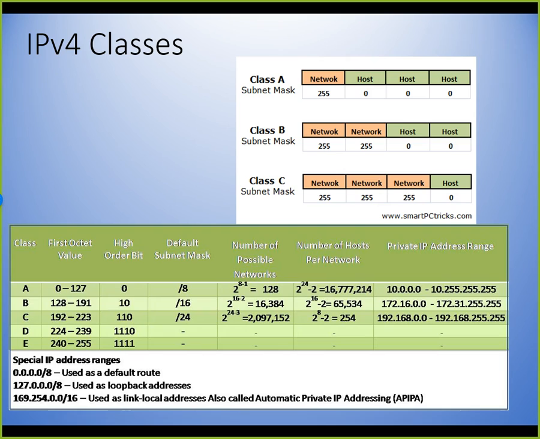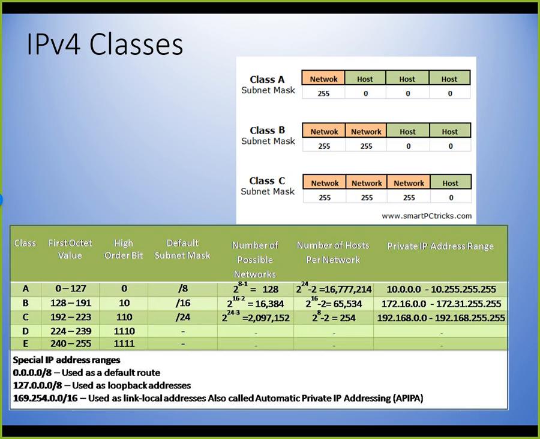Network, host, host, host, like we said, in the octets themselves. The subnet mask 255.0.0.0. Class B, 255.255.0.0. 2 octets for network addresses, 2 octets for host addresses. The Class C, 3 octets for network address, 1 for host.